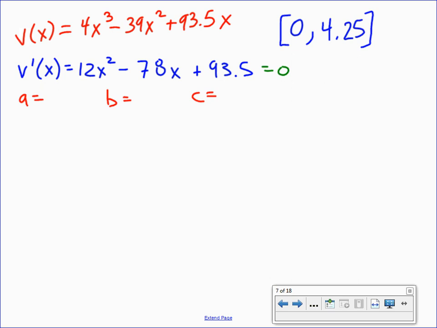All right, so here we go. A, B, and C. It looks like we can simply use the quadratic formula where my value of A would be 12, B negative 78, and C 93.5.